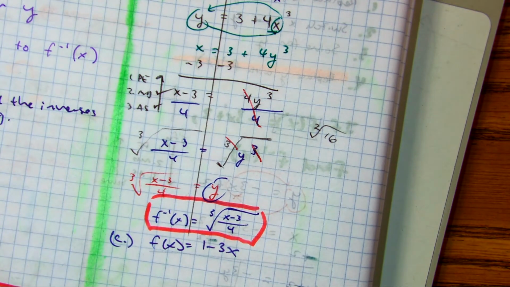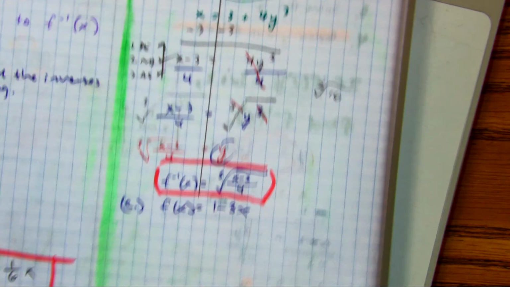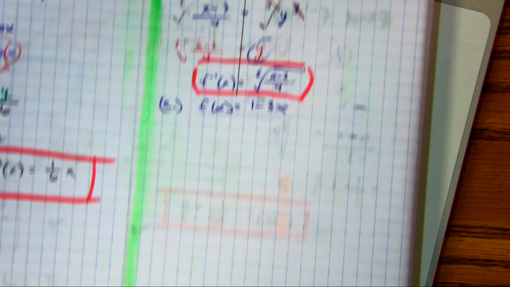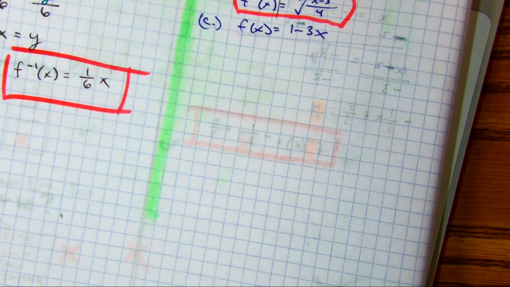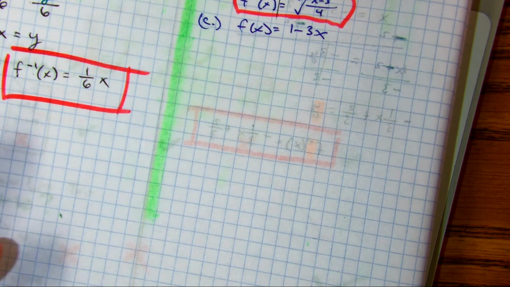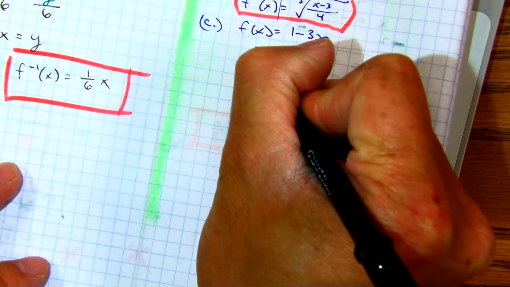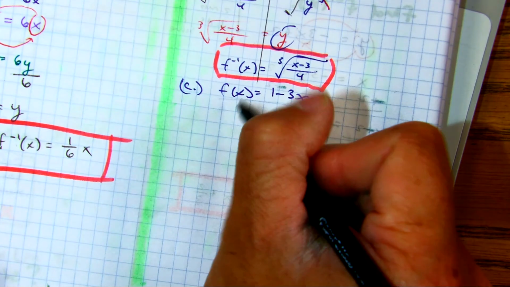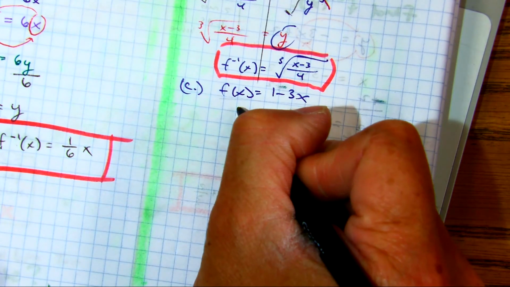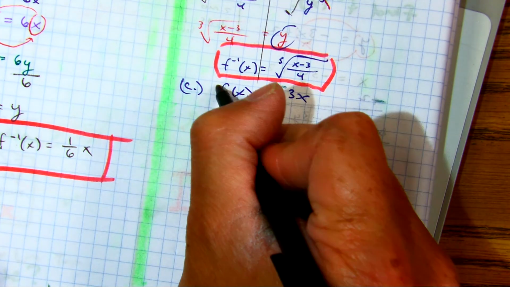And last one. Brian, what's the first thing we're going to do? Tell me what's right. Brian, instead of writing f of x, what are you writing?